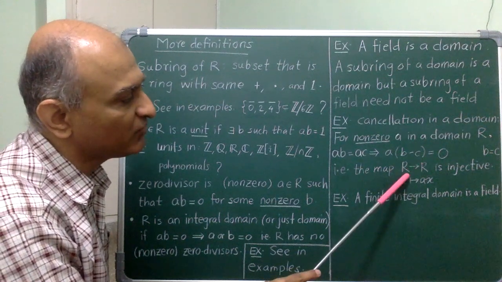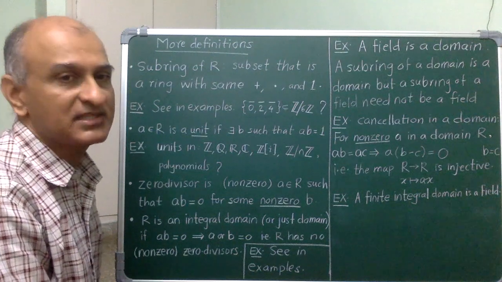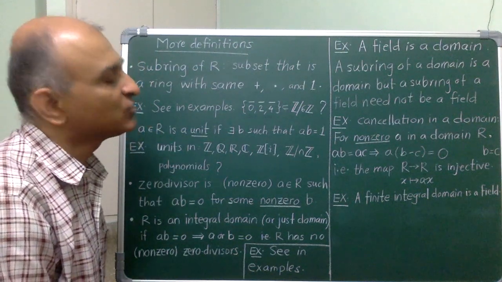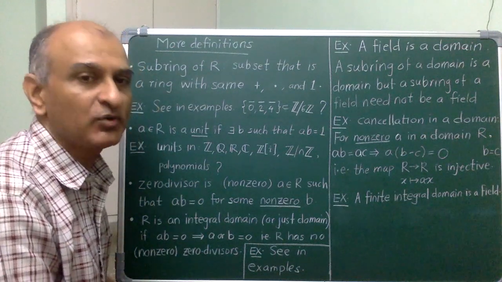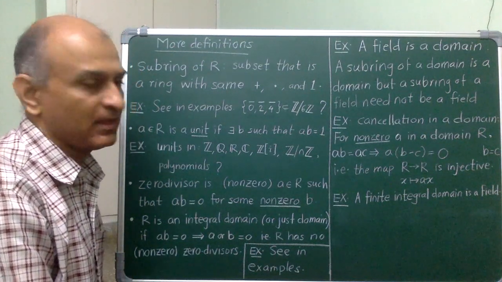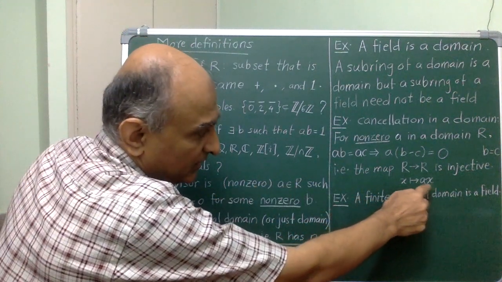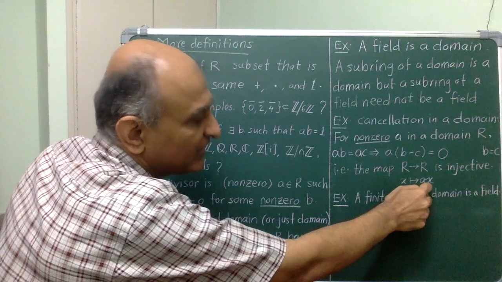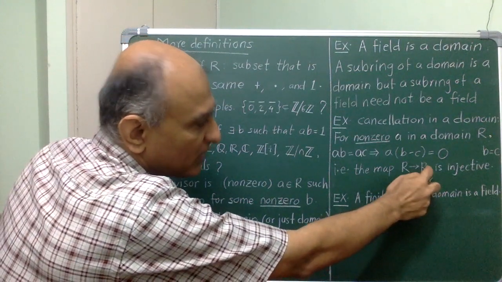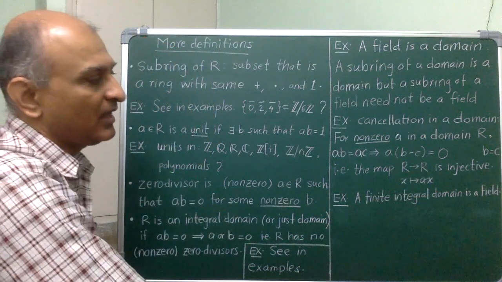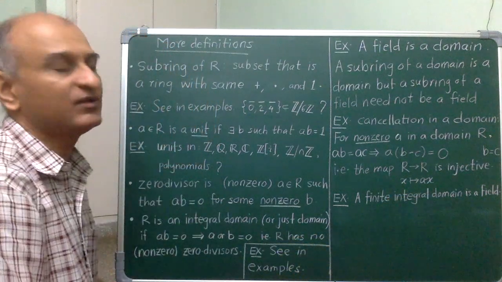I have an injective map from a set to a set of the same cardinality, and this cardinality is finite. So therefore, by pigeonhole principle if you like, this map is automatically surjective also. In other words, this AX will take all possible values in R. In particular, it will take the value 1, which is an element of R. And so when I get AX equal to 1, that X is the desired inverse of A.